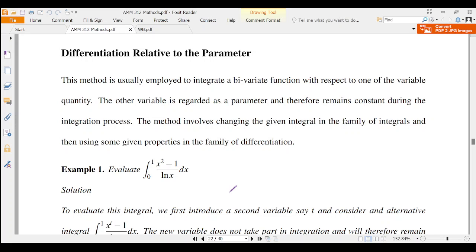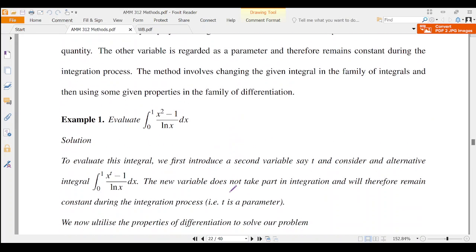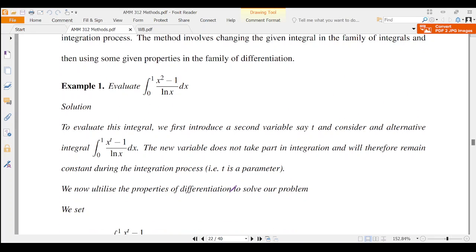Now, in order to evaluate this, we are going to introduce another variable, t. And so we are going to consider an alternative integral where we replace the 2 here with t, so that we have the integral from 0 to 1, (x raised to power t minus 1) divided by logarithm of x.